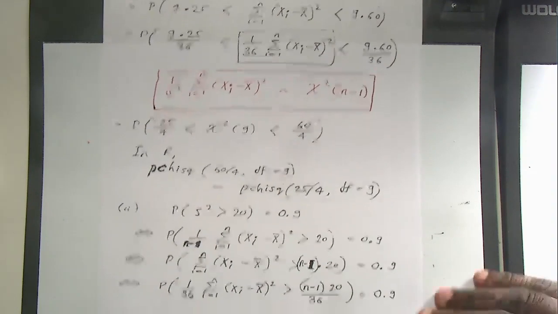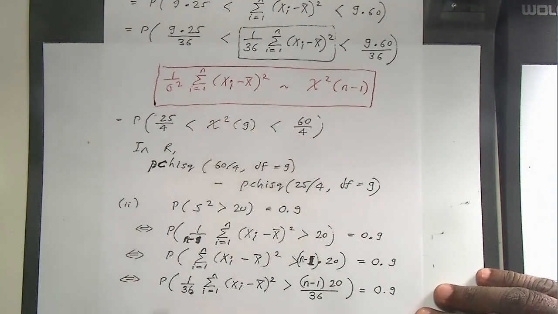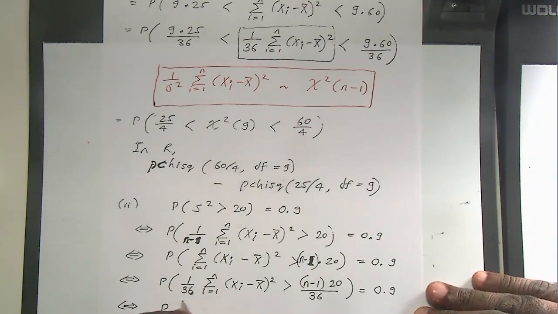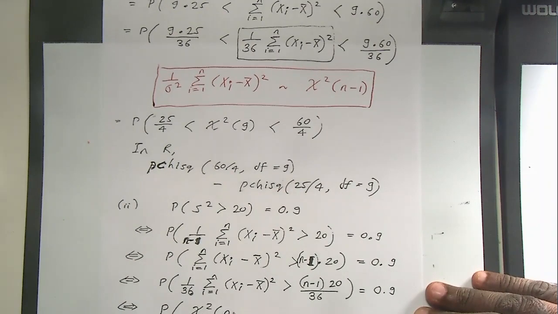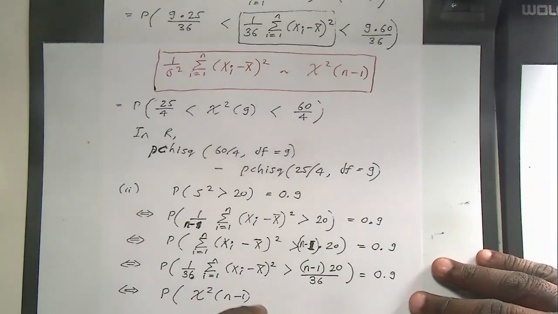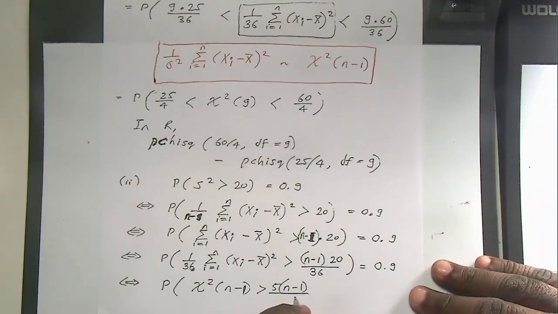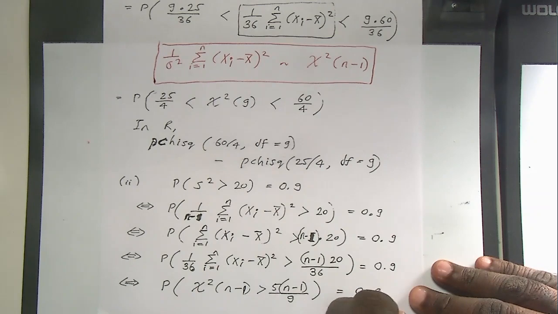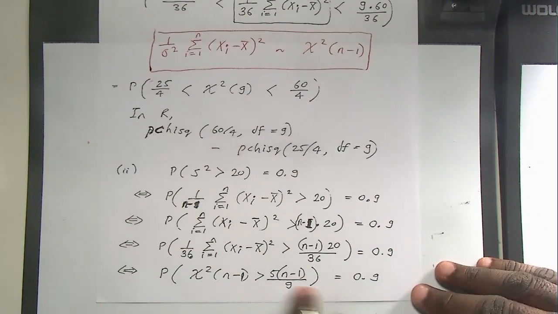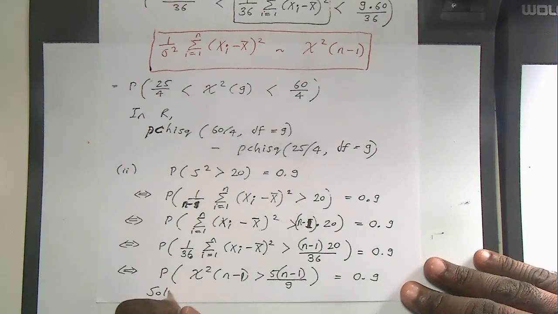Now we know from the result I just mentioned that this has a chi-square distribution with n minus 1 degrees of freedom, and we need the probability that it is greater than 20 times n minus 1 over 36, which you can simplify.